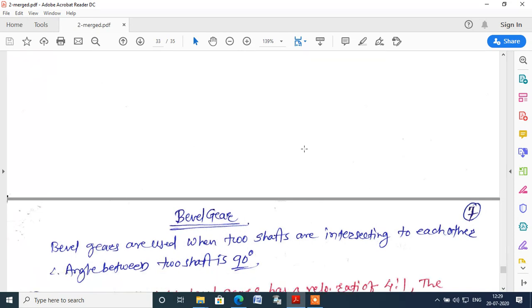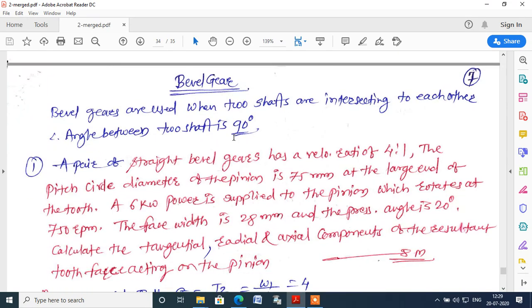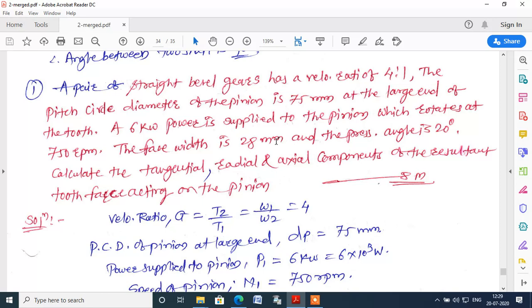Now we will see how to solve the numericals. Bevel gears are used when two shafts are intersecting each other and the angle between the two shafts is 90 degrees. Now let us take this numerical. A pair of straight bevel gears has a velocity ratio of 4 to 1. The pitch circle diameter of the pinion is 75 mm at the large end of the tooth.